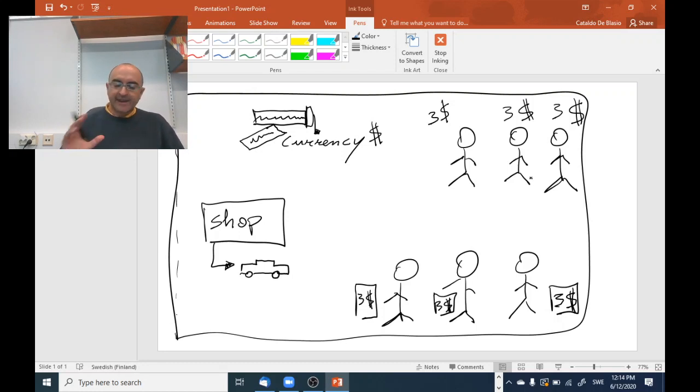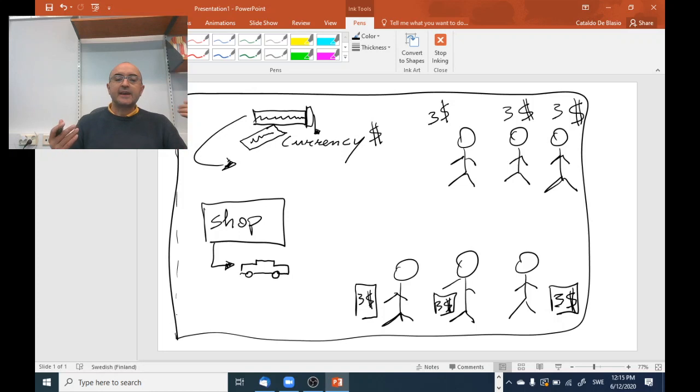I have shown the case where the bank or the printer is giving the same amount of money to all the people. So every single person will have the same amount of money even after the printing.